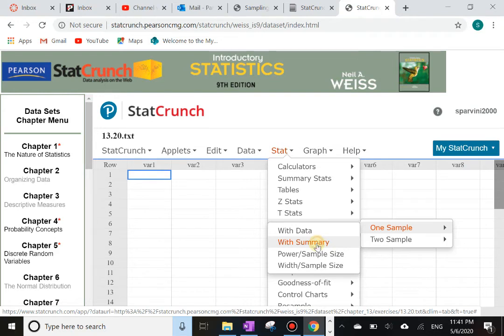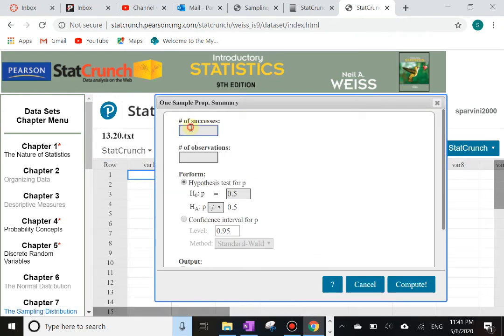Okay. And there you have it. Let's click on it. And you see there's not much in here. The interface is asking for number of successes. Successes were 410. And number of observations, that's your sample size. That was 603. And we're doing a 95% confidence interval. And right in here, folks, you see that?